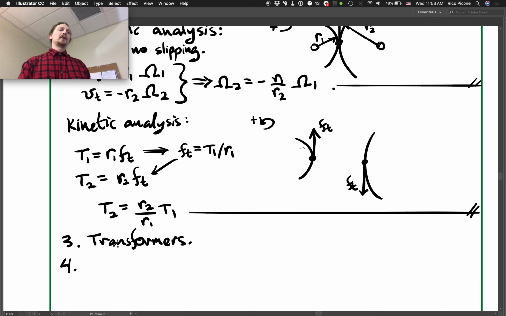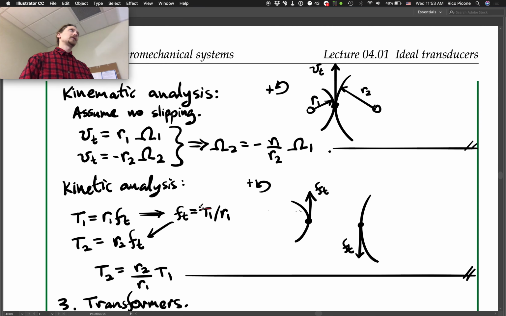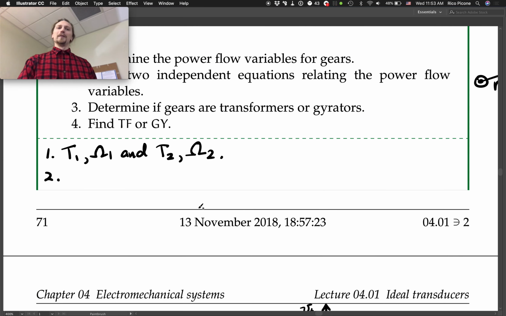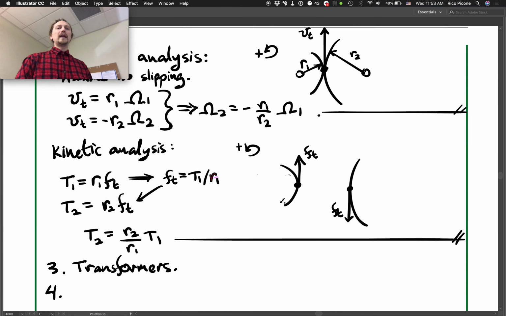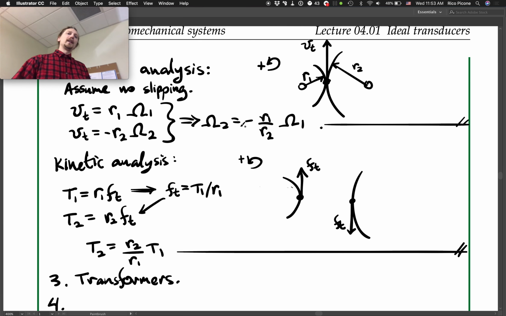So they don't happen in electromechanical systems, at least I can't think of any right now. We can define TF or GY from either of these two equations. We didn't need them both. So let's use the across variable one, because we used the through variable one before.